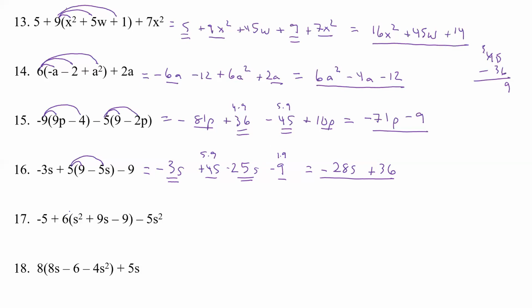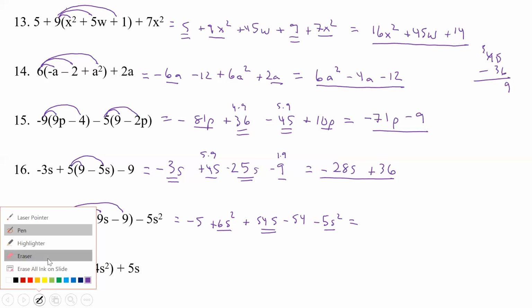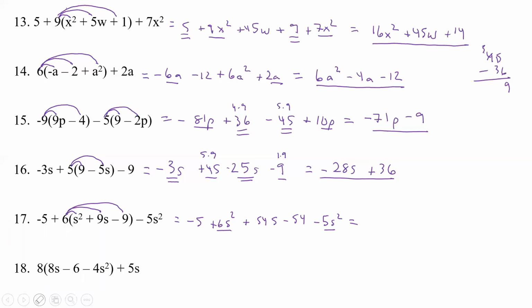All right, distribute again. And so here we have minus 5 plus 6s squared plus 54s minus 54 minus 5s squared equals, well, we've got an s squared, s is no others, so we can probably erase that since it's not going to be affected.